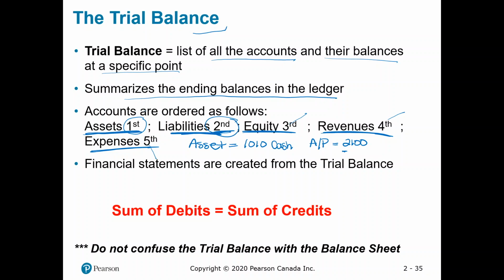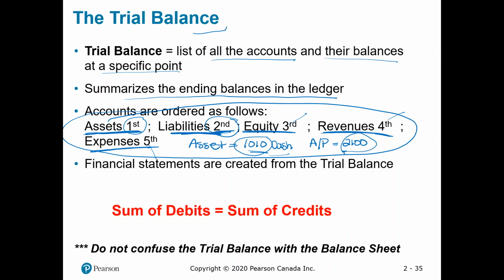You'll just have to remember to use this order on the trial balances, but in the real world, you often see the account number. And the real reason that you see that is typically you're doing this through an accounting system. And it's much easier to just type in a 4-digit number, like 1010, than typing a word. So yes, cash is pretty quick, but it's easier to type 2100 than type accounts payable.